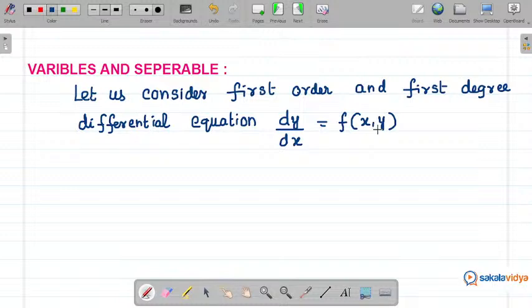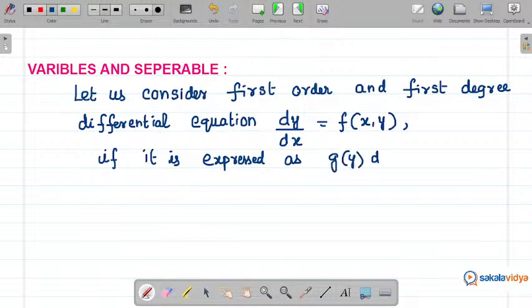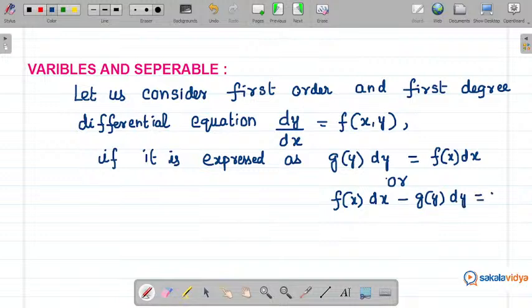Suppose it can be expressed as g of y dy is equal to f of x dx, or this can be rewritten as f of x dx minus g of y dy is equal to 0.